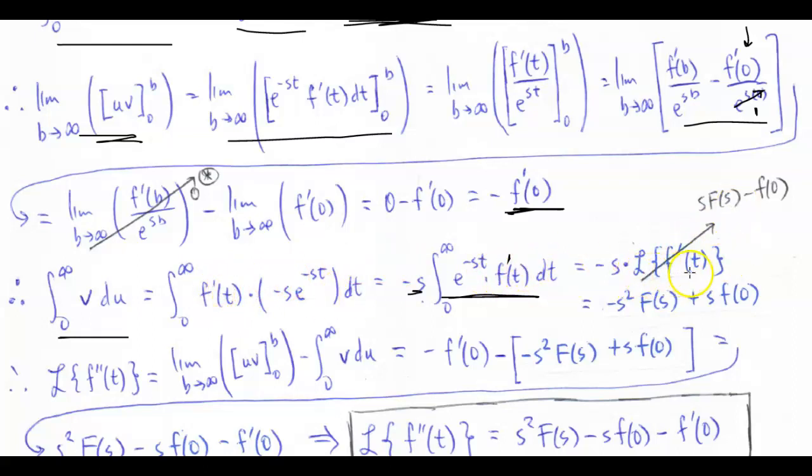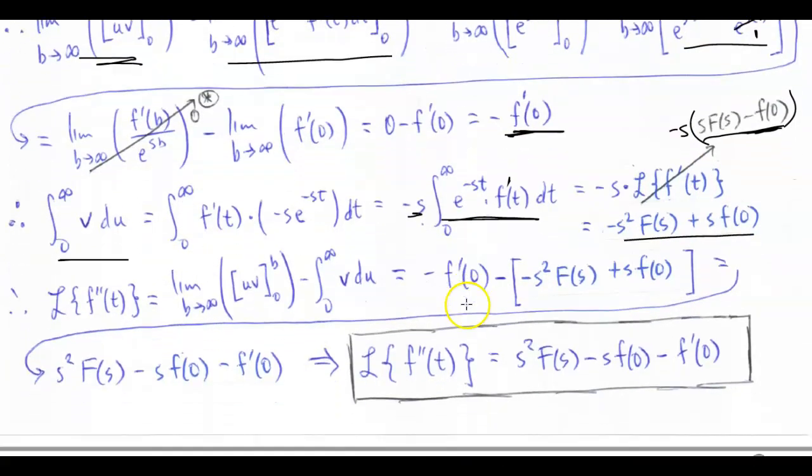And of course, this is just a Laplace transform of the first derivative. And from here, we know that, of course, that is this, so we'll just multiply all of this times minus s, and this is the result that we get.